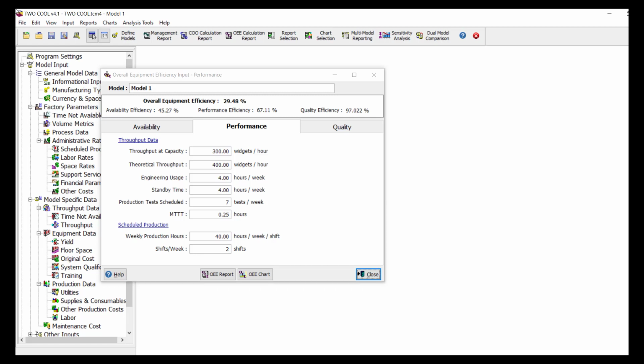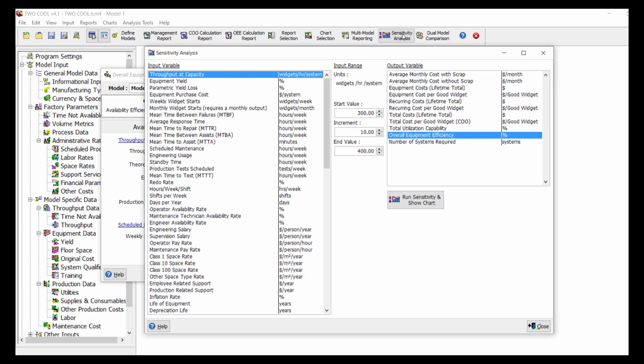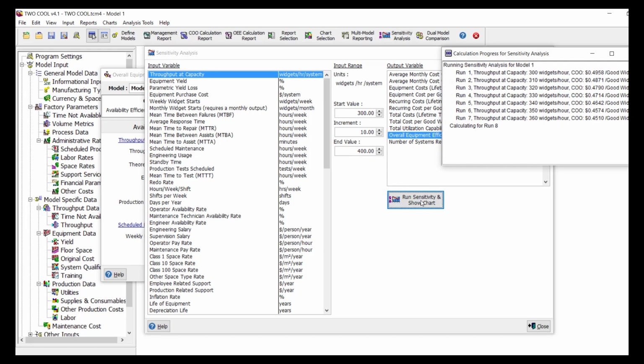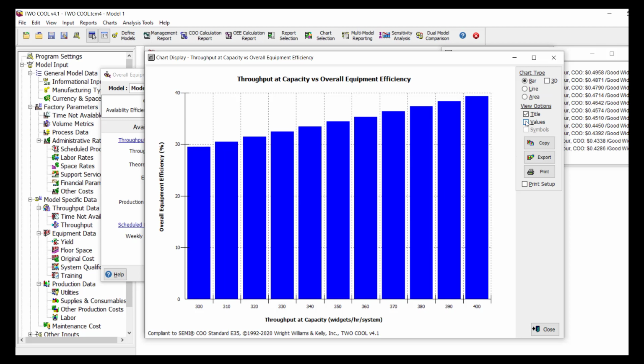Certainly, improving the throughput would be a good way to increase capacity, if that's possible. Let's run sensitivity analysis to see. As you can see, the loss of throughput compared to the theoretical throughput is causing a loss of about 10% in overall equipment efficiency.